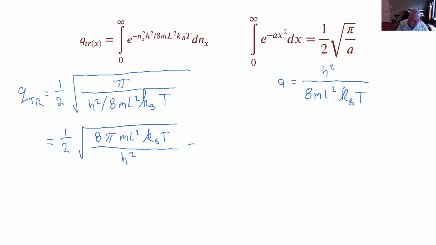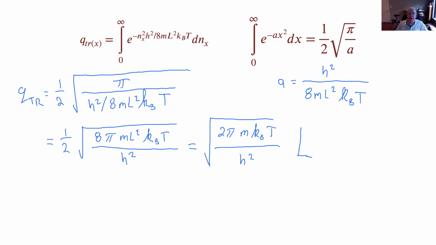And in the notes, I rewrote this as the square root of 2 pi m k_B T over h squared, and I've pulled the L out of the square root. I know I left the h in there, which I could have also pulled out, I guess, but I didn't. That gives me a version of this that would let me find a value for that translational partition function.